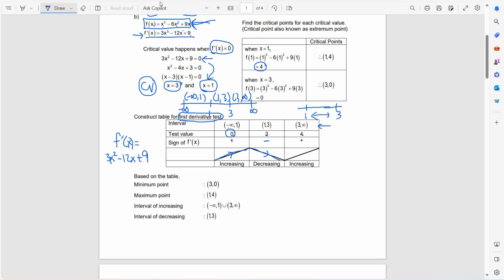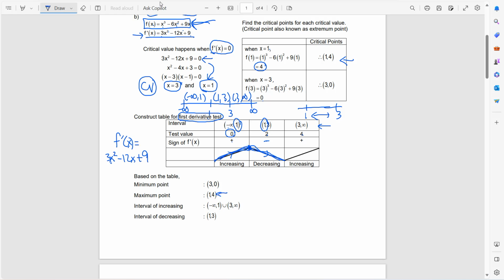As we can see here, the function is increasing like this. The top point here happens at 1. So this is going to be our maximum point, (1, 4).